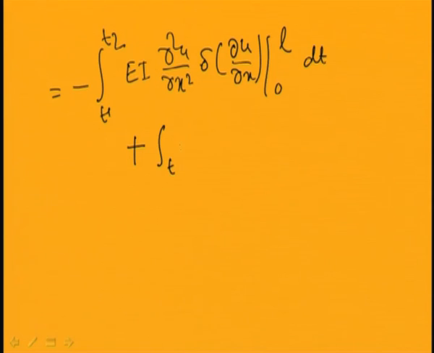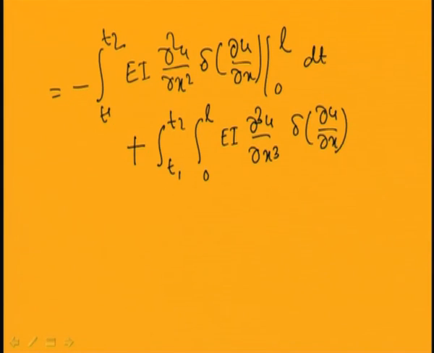Minus integral T1 to T2, 0 to L. So, I can write the differentiation of this, that is E I del cubed u by del x cubed into del of del u by del x into dx dt.